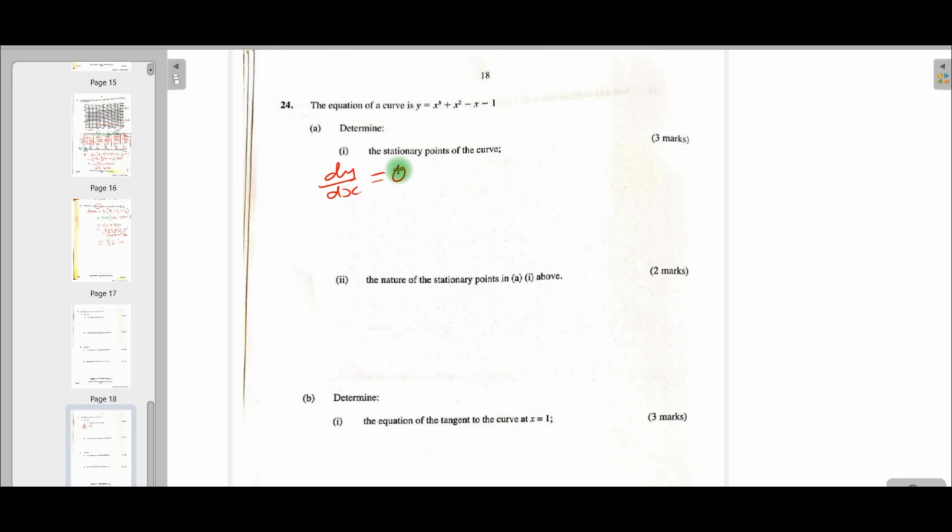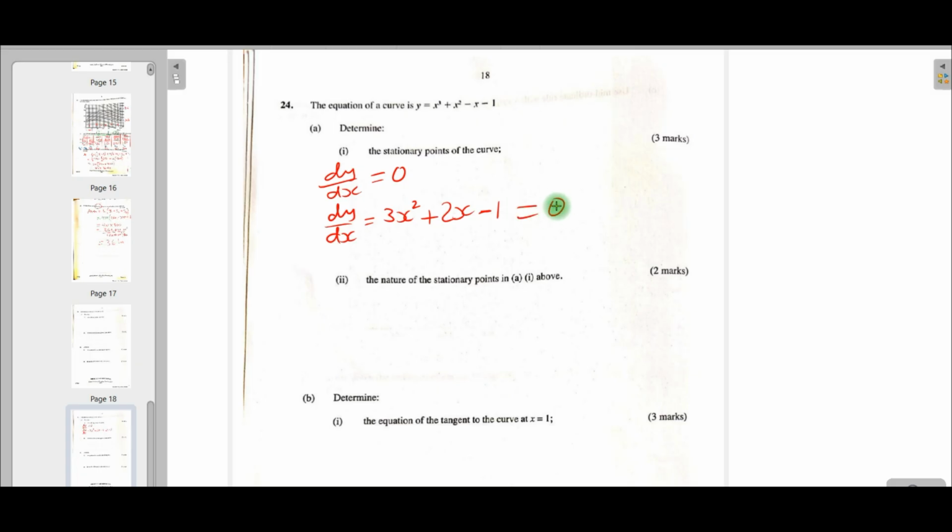So let us get the gradient function of the curve. dy/dx is, we differentiate, 3x squared, then plus x squared differentiates to 2x, then minus x gives minus 1. And the gradient function of a constant value is 0. So that is the gradient function, and this we equate to 0.